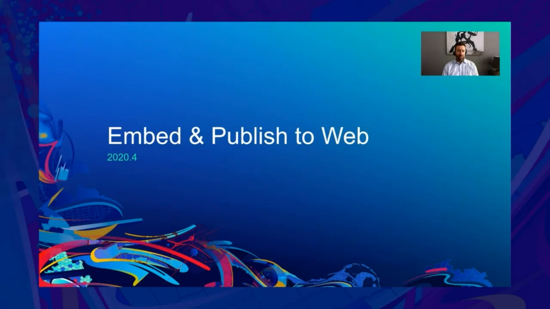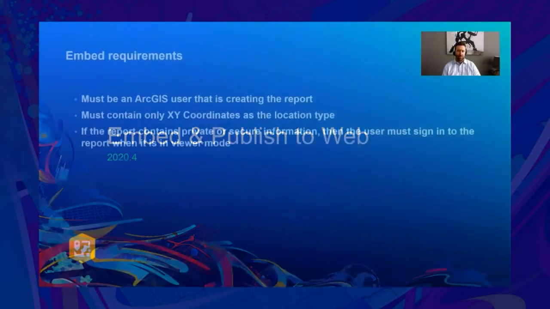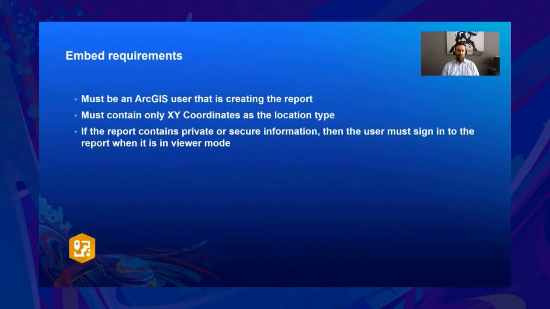Now, another really big feature that's been asked about is embedding reports or publishing these reports to the web. Some of the requirements around embedding are that you must be an ArcGIS user creating the report. So this isn't available with the standard capabilities. And I mentioned briefly before that there are three ways that we geo-enable data. We can show an XY coordinate on the map visual, we can match an address, or we can match a boundary.